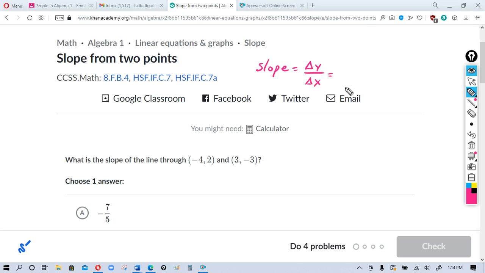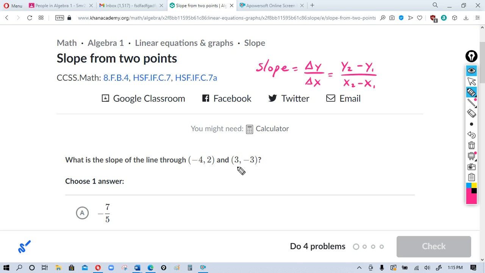Okay, if we were to write a formula for that, that would be y2 minus y1 over x2 minus x1. All right, so it doesn't matter which one is 2 and which one is 1, okay, but you have to keep x1 with y1 and x2 with y2.